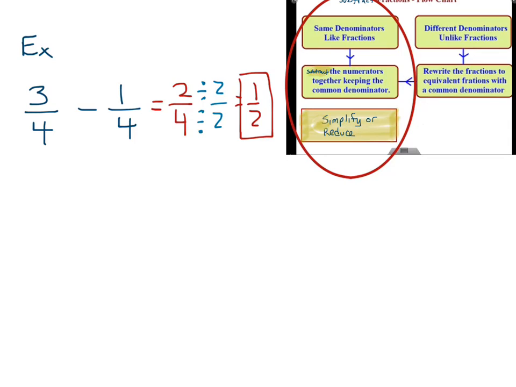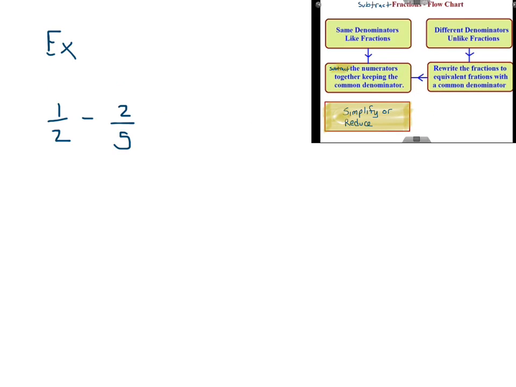That makes sense? It should. So there's one example. Second example. And what do you think it's going to be? It's going to be different denominators, so we're going to be following this path. Okay, so we need to find a common denominator. What I can do is take this and multiply it by the denominator of the other fraction.